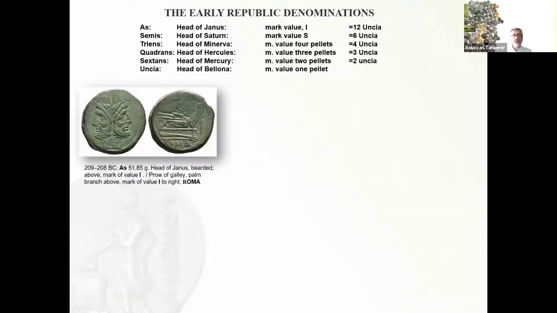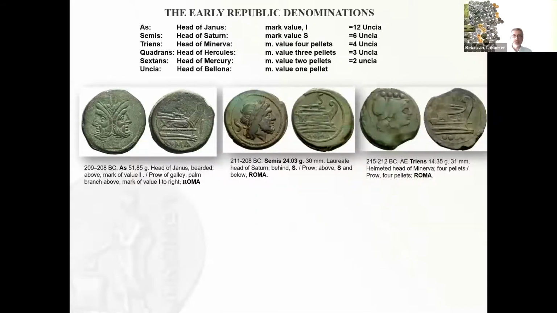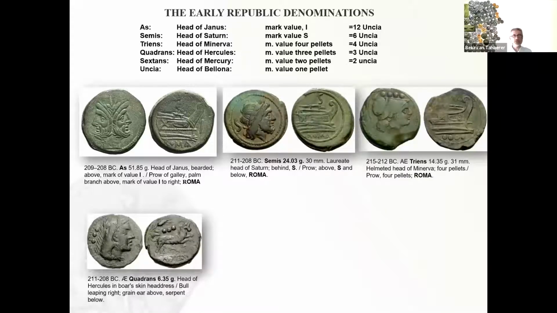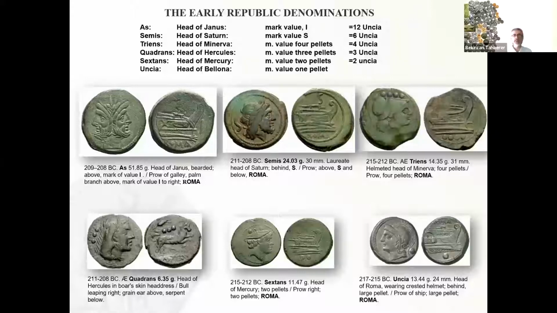The early Republic denominations were a little different from the cast ones, but almost similar in terms of names and signs. So, As always had the head of Janus, and Semis head of Saturn, Triens head of Minerva, Quadrans head of Hercules, Sextans head of Mercury, Uncia head of Bellona.